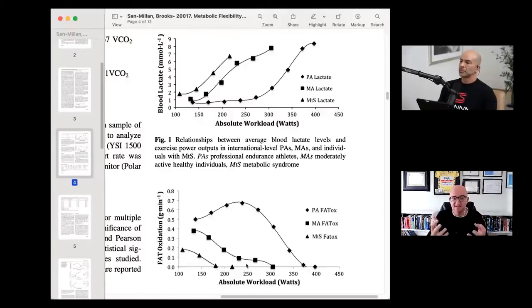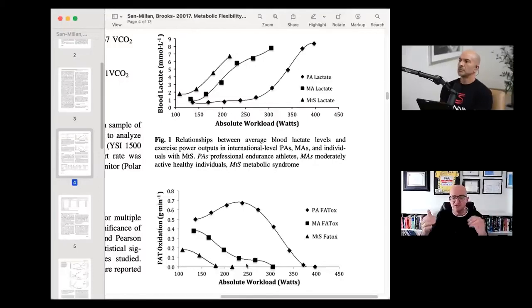Now that lactate has two routes mainly. One is going from the fast twitch muscle fibers to the slow twitch muscle fibers. It's the lactate shuttle that George Brooks discovered, and it's oxidized in the mitochondria of those slow twitch muscle fibers. If you have a very good lactate clearance capacity, you're going to be oxidizing it very, very well for fuel.